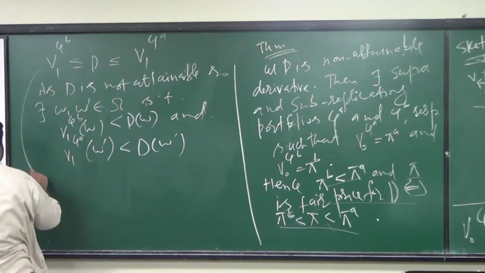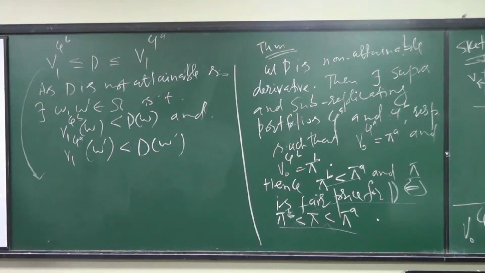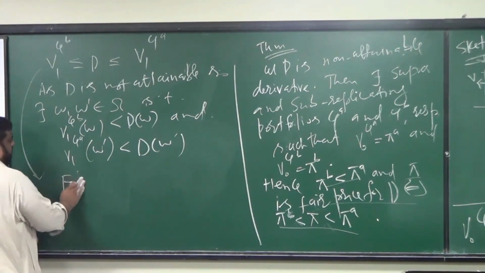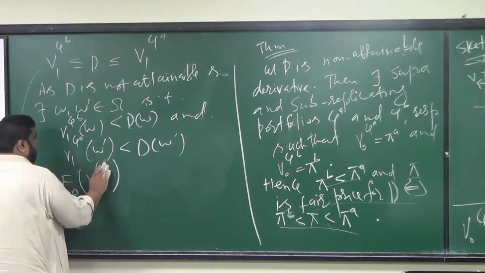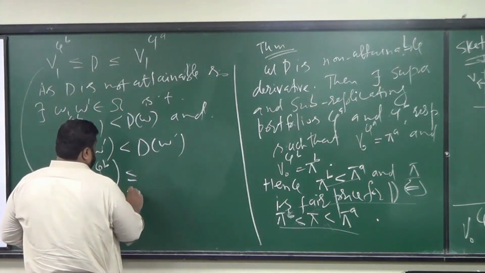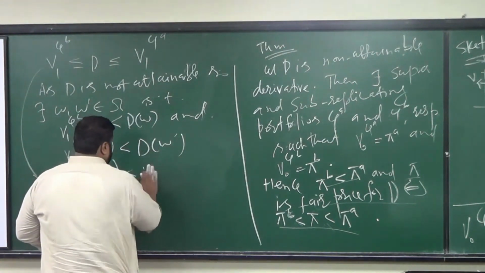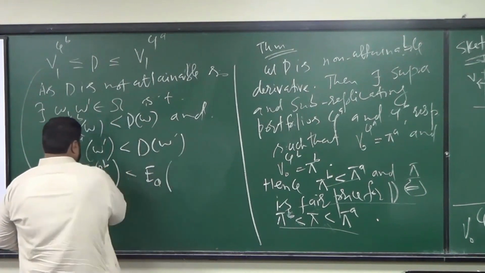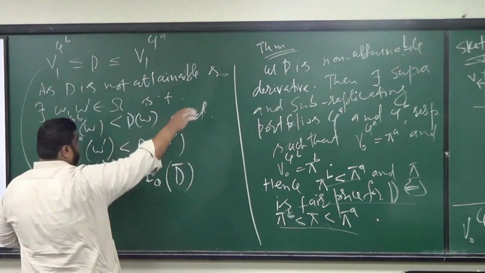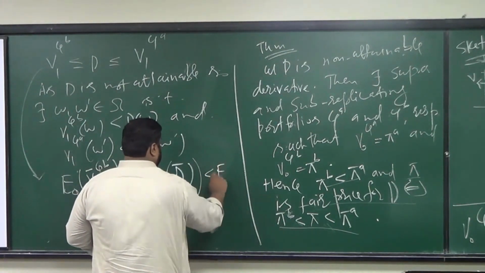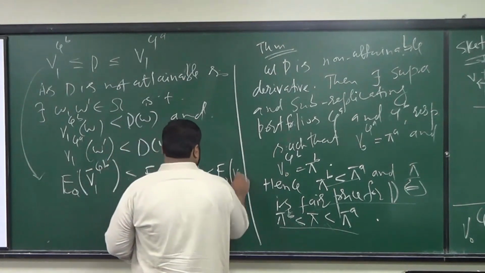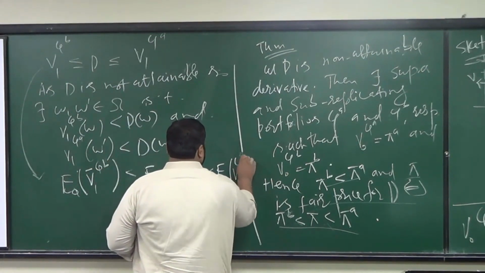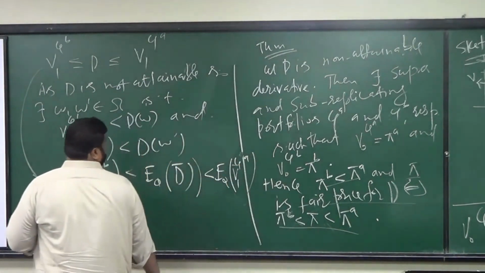If I, for example, apply expectation throughout the inequality, I know that I can have EQ of V1 phi B less than or equal to, or strictly less than, EQ of D bar, less than EQ of V1 phi A bar. I need to put bar everywhere.